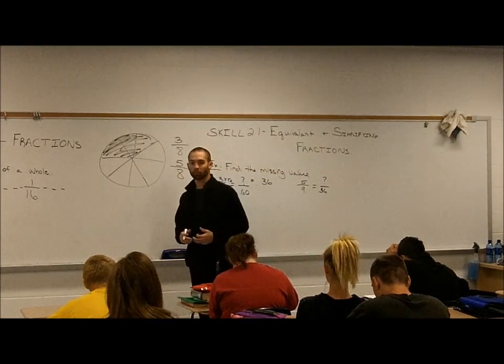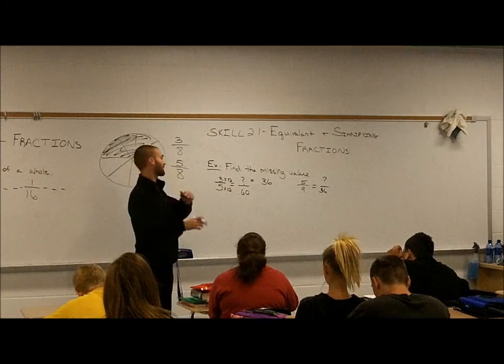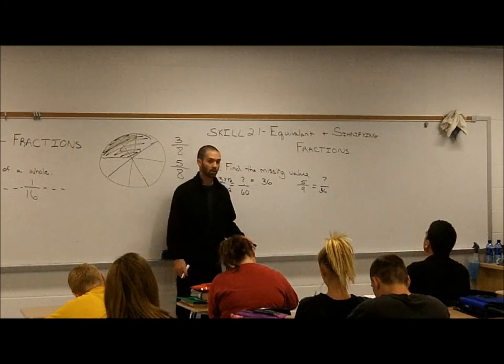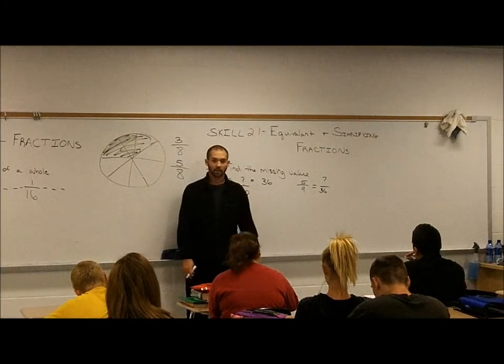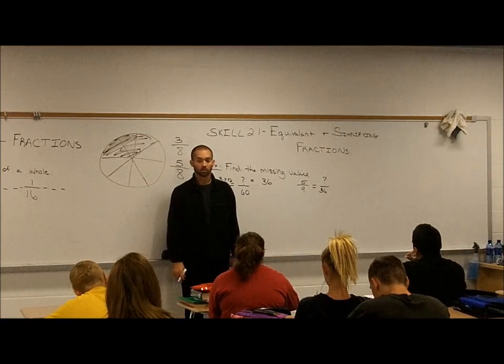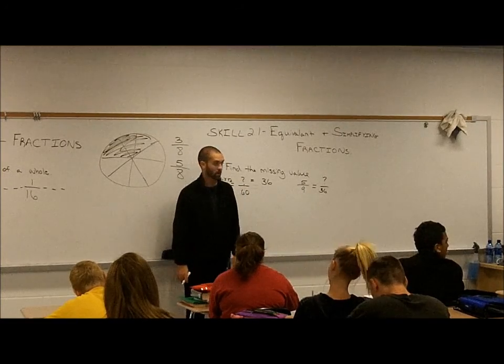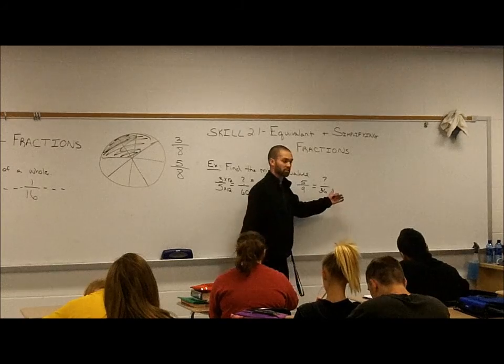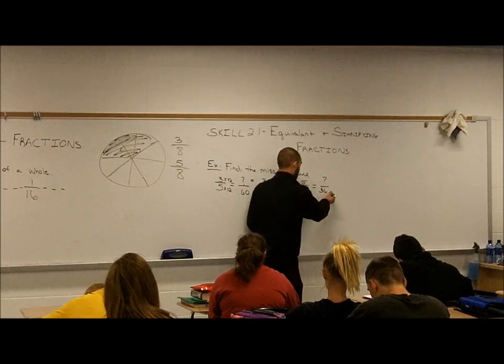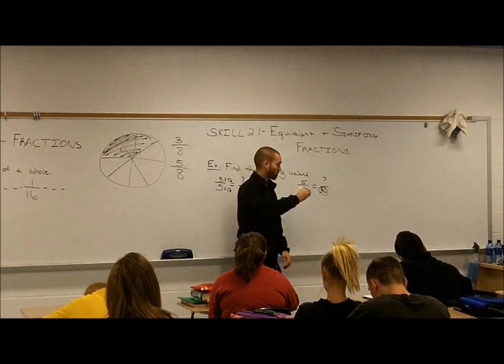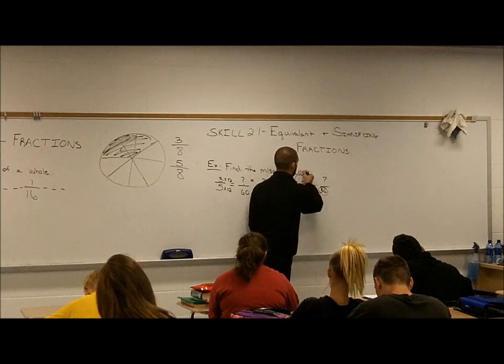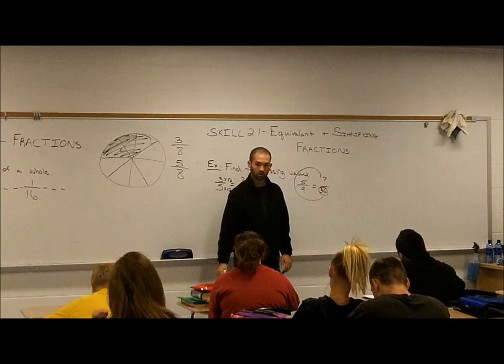You can still do the same process. Which side is the question mark on? The left or the right? It's on the right. So I'm going to start with the number that goes with the question mark. That's 36. I'm going to circle all the way around until I get to the question mark.